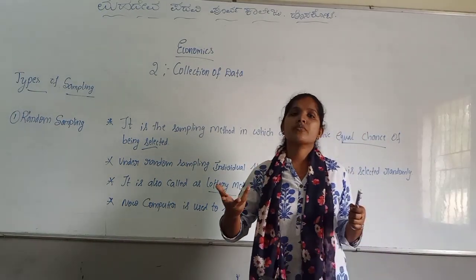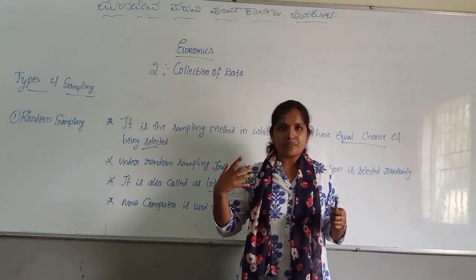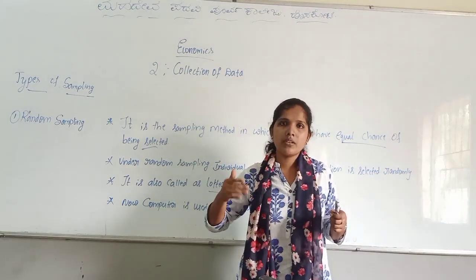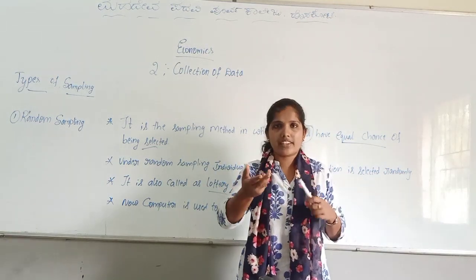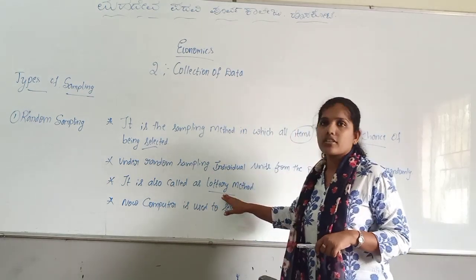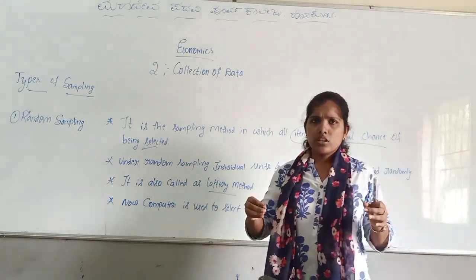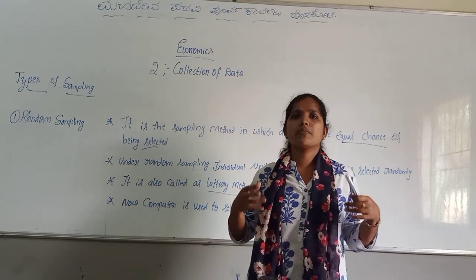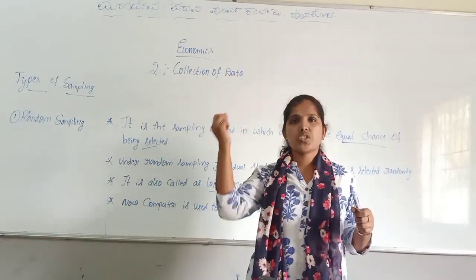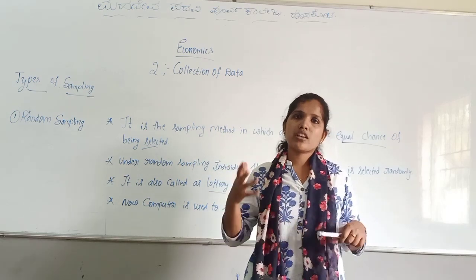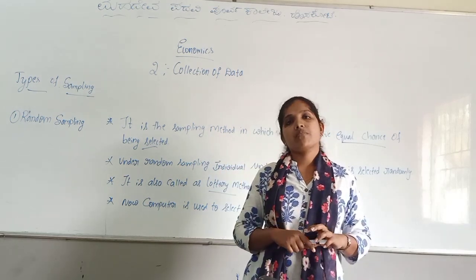In whose name the lottery comes, they are the winner. We don't know whether I will get it or you will get it. It is known as a lottery method because in one particular container, there will be lots of sheets. When the day comes, they will pick one sheet, and in whose name the lottery is there, they become the winner.